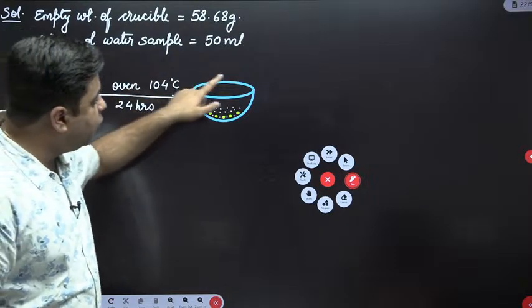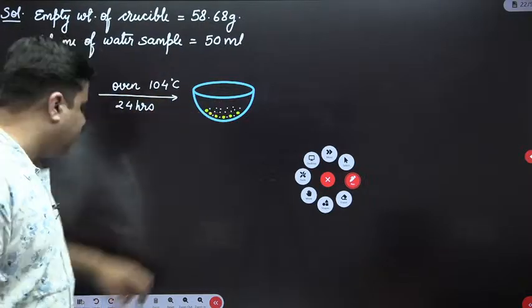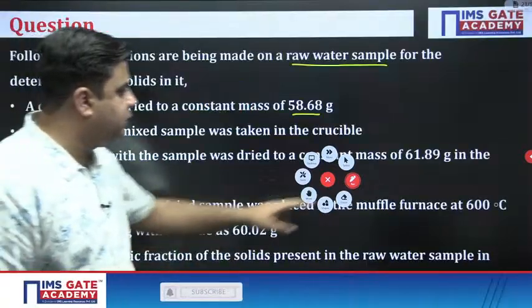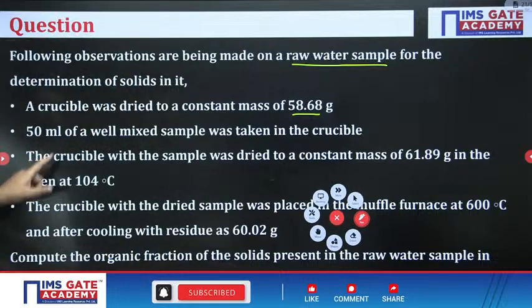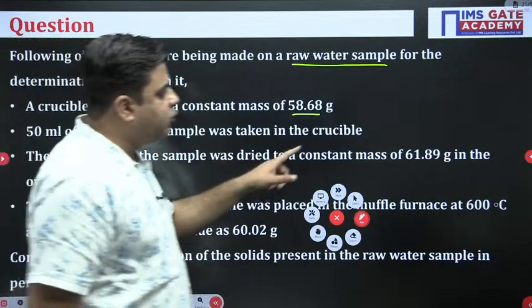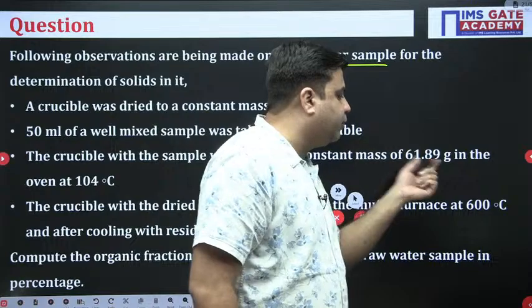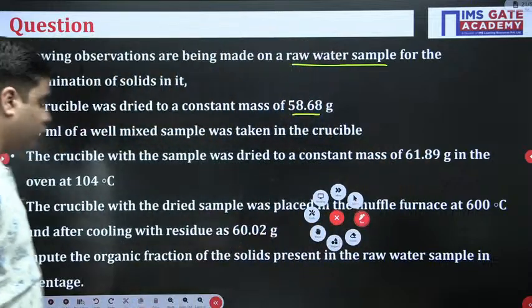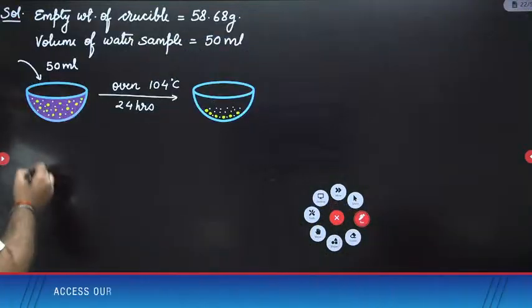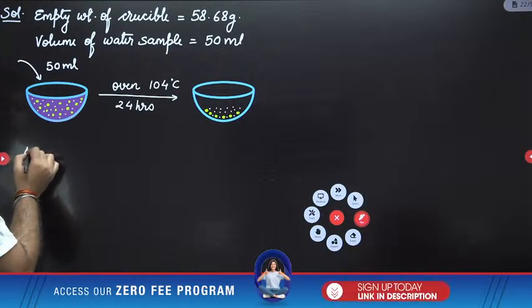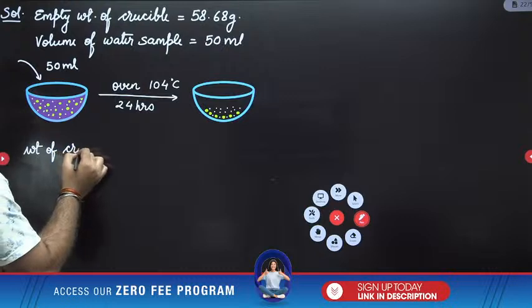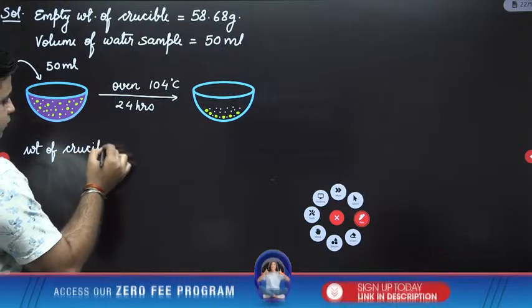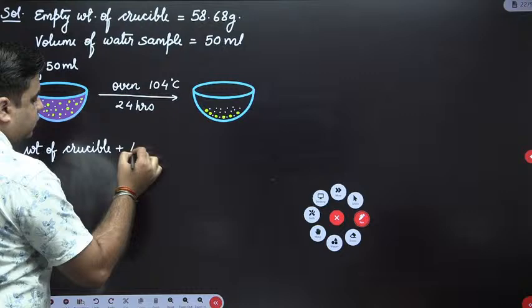The weight of crucible and total solids is given to you as 61.89 grams. The crucible with the sample was dried to a constant mass of 61.89 grams, means weight of crucible plus total solids.